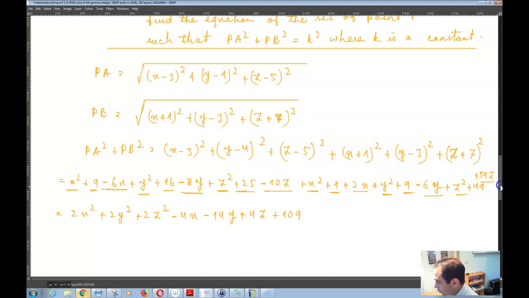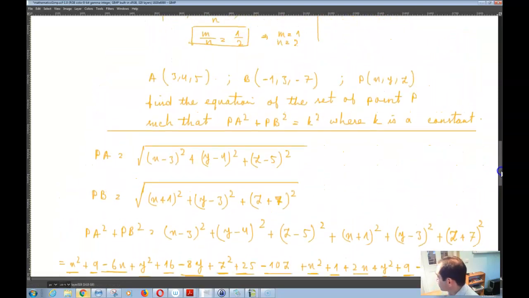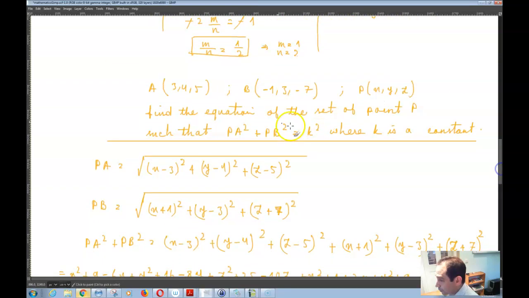We said that we wanted to basically find the equation of the set of points P such that PA squared plus PB squared is equal to K squared, where K is a constant.